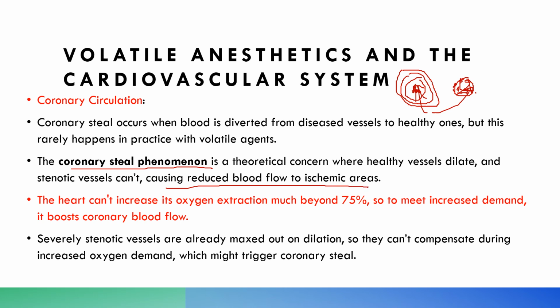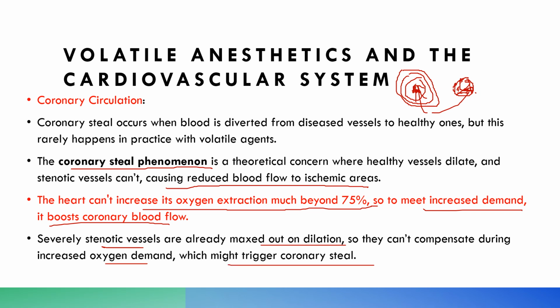The heart itself can't increase its O2 extraction much past 75%. So to meet increased demand, we boost our coronary blood flow. So when we have increased demand in this situation, those stenotic vessels are already maxed out. They can't compensate during increased O2 demand, which might trigger coronary steal.